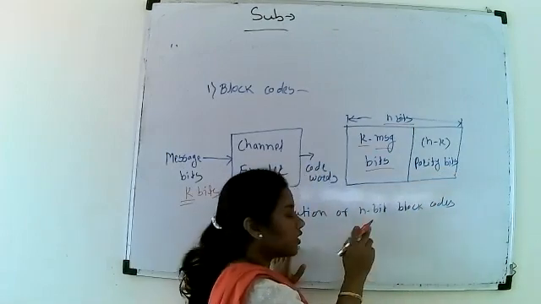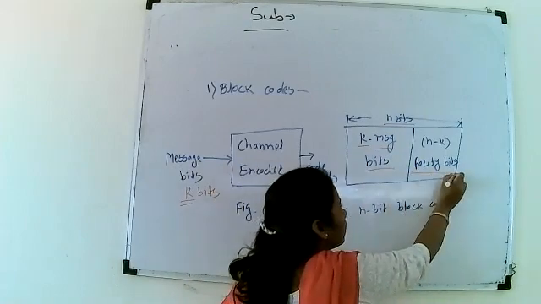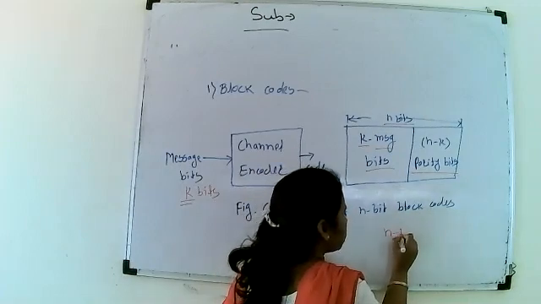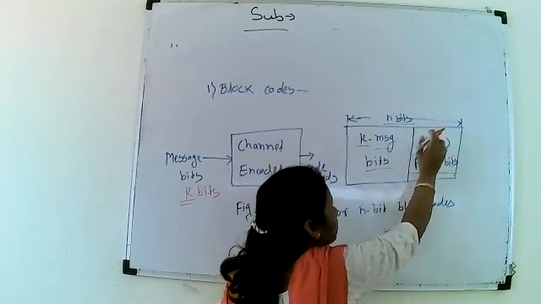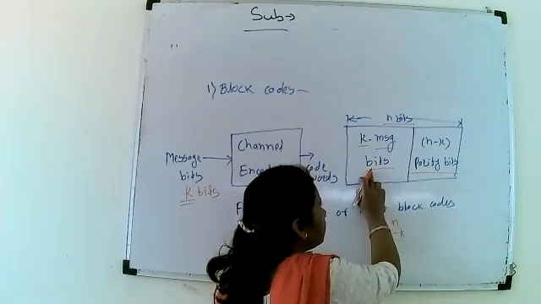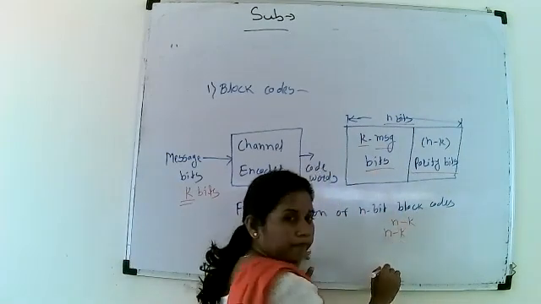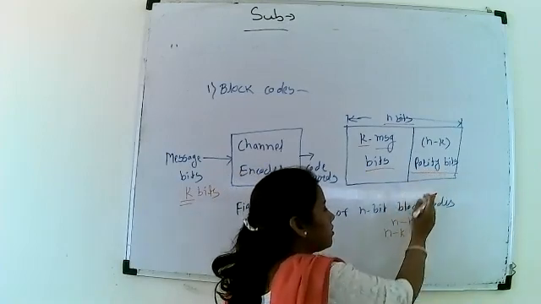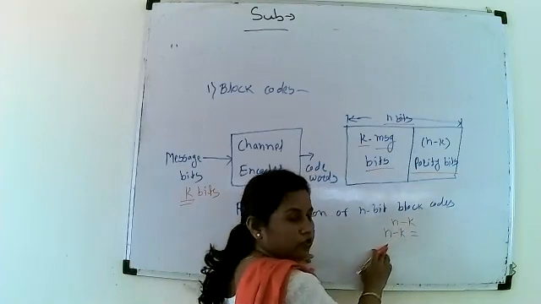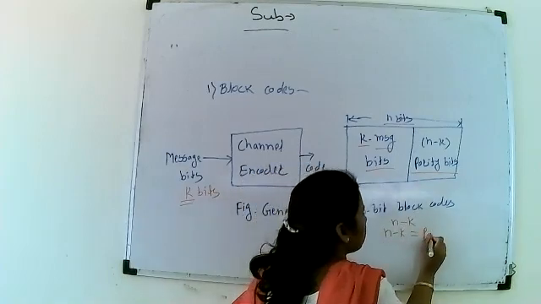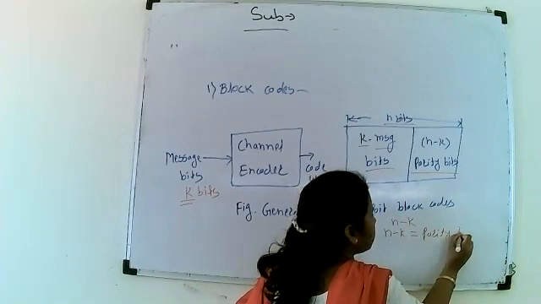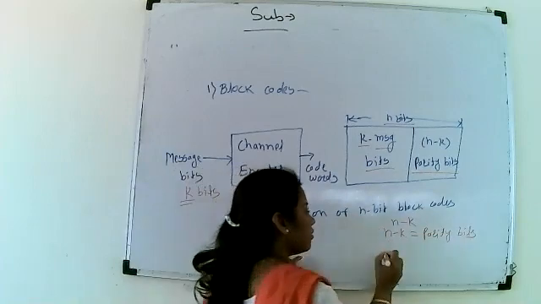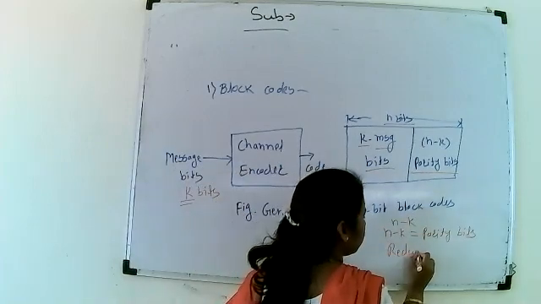The added parity bits have the value n minus k, because our total length is n and the k message bits are subtracted from the total. These parity bits are added by the encoder, and these parity bits are redundant bits.